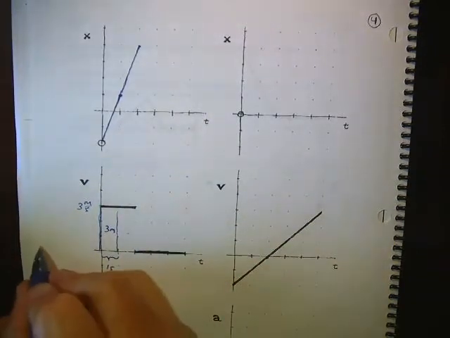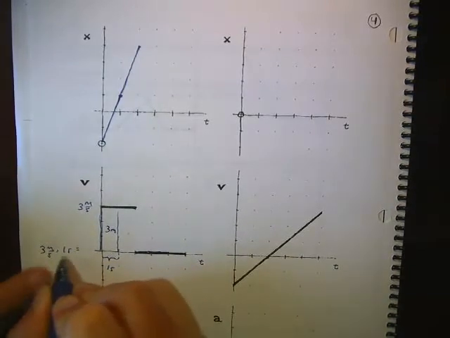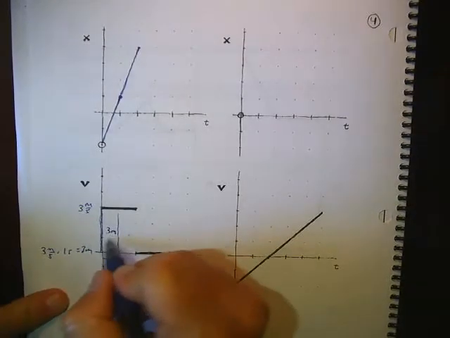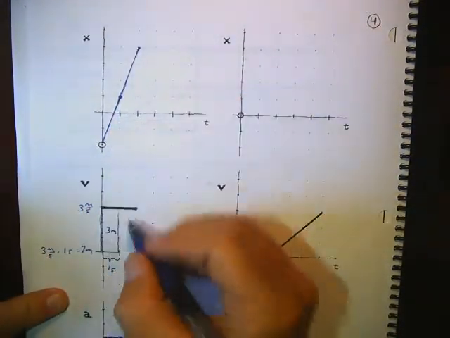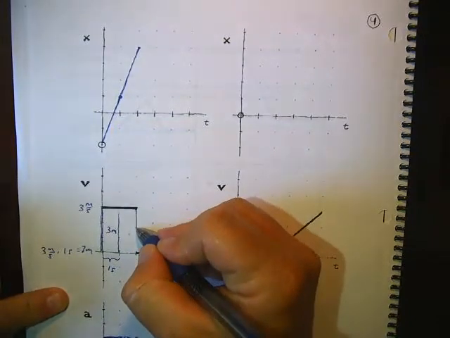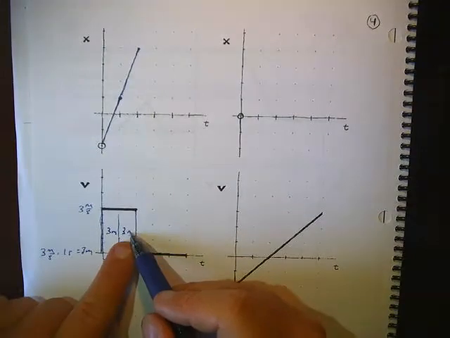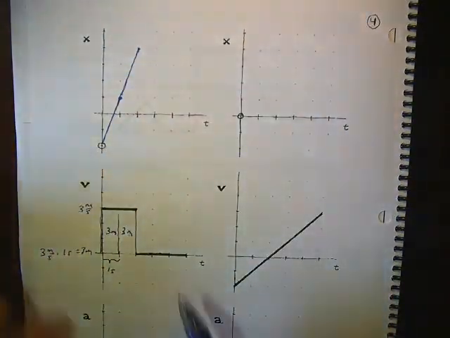Why is that? Because 3 meters per second times 1 second, just by unit cancellation, gives you 3 meters. That's how far up we moved. We moved 3 meters. In the next second, we move up another 3 meters. So you can see the area under this graph tells you how far to move.